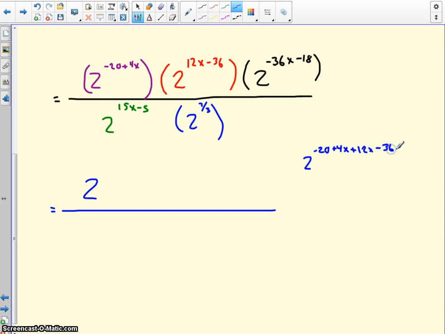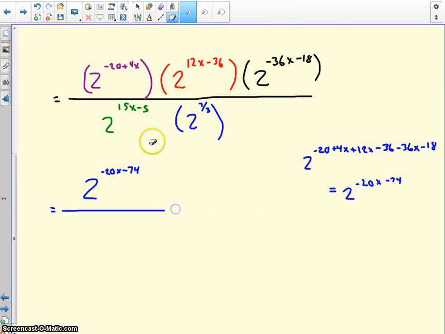Again, I'm just adding all these exponents together. You have to collect all your like terms and simplify here. So I wind up with 2 to the exponent of negative 20x minus 74. That's my whole numerator.